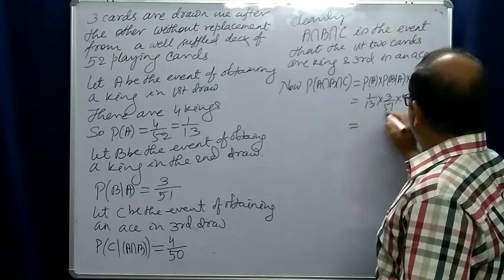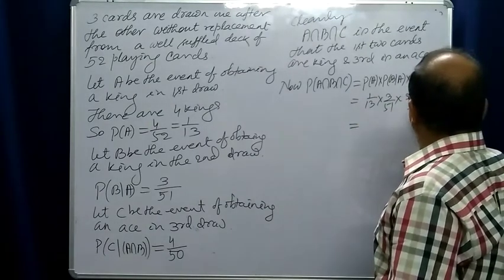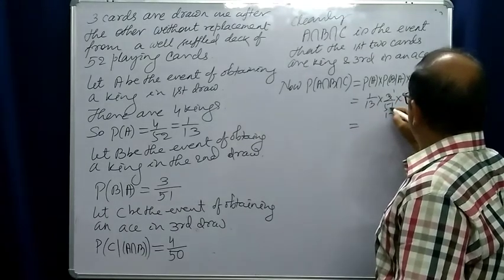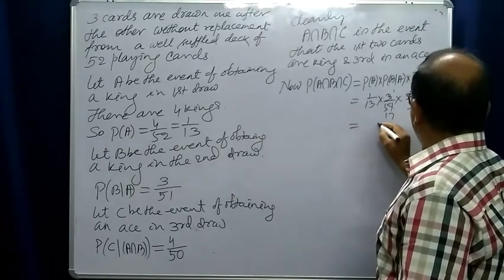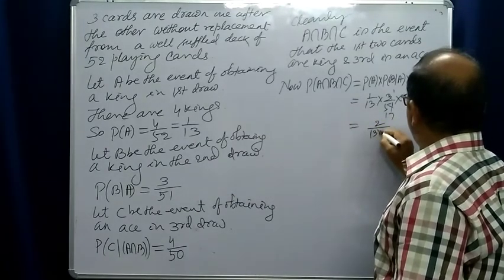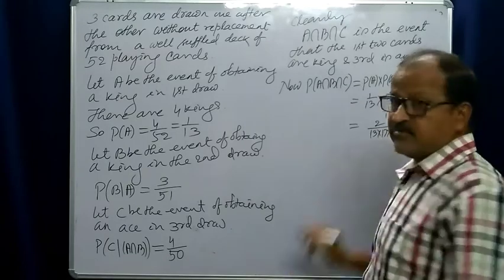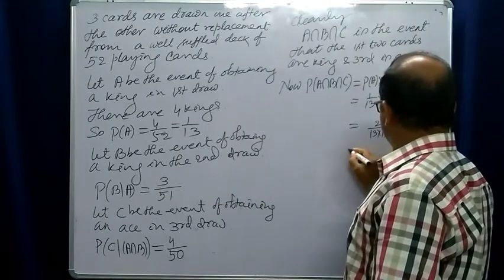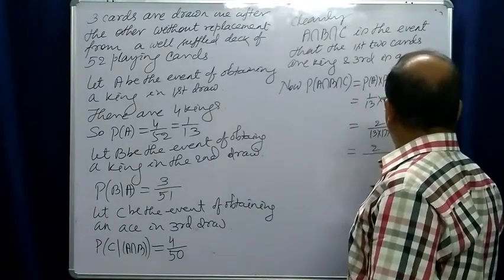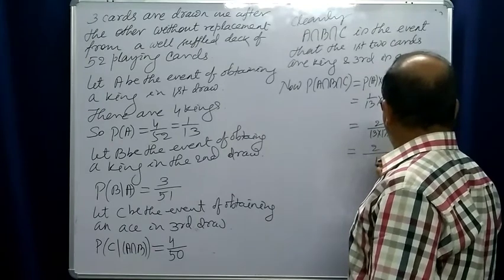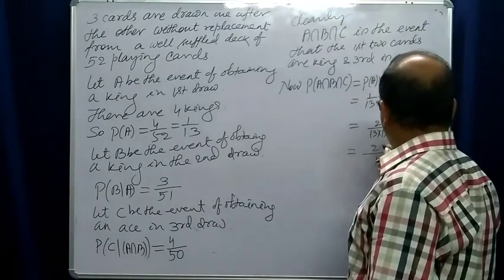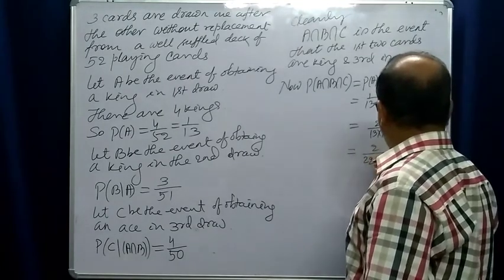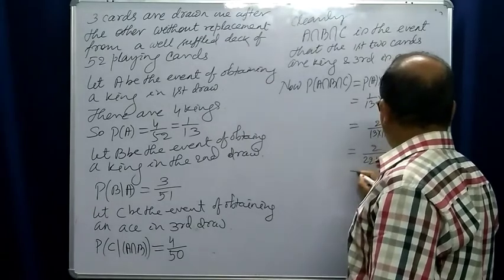Yes, it is 4 by 50. Simplifying, it is 2 by 13 into 17 into 25, that is 2 by 221 into 25.